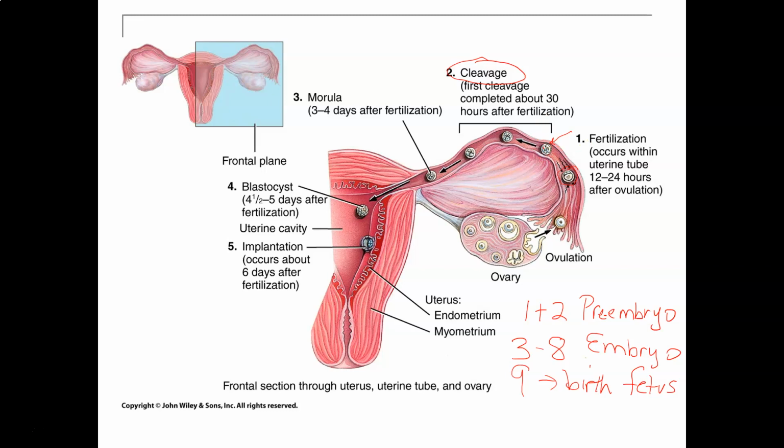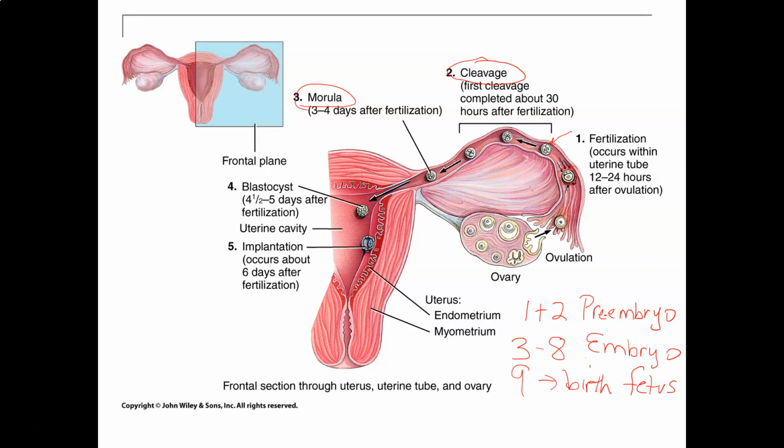So anyway, we get the 2-cell stage, and then those are going to divide by mitosis to form the 4-cell, then 16, 32, 64, until you get like a little ball of cells. They call that the morula. And all the while, notice that the developing pre-embryo here is slowly being rolled along the fallopian tube.